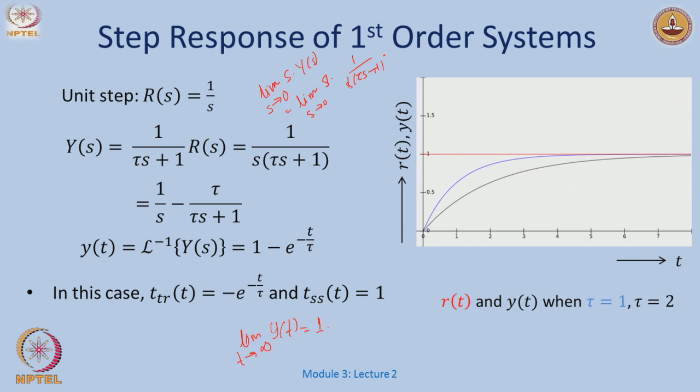These terms vanish and I am just left with 1. That also is in agreement with what I get here, and the system is stable. So, I can always use the final value theorem. I have a transient term I can see very explicitly, and a steady state term which is actually non-zero. In the previous case, the entire response was just going to 0.